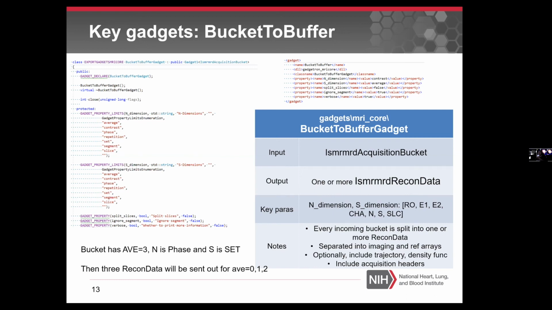So why did we choose 2 extra dimensions, n and s? In the first version of this design, we actually had 3 dimensions. This is a bit arbitrary. How many dimensions can you have? MRD can have 10 dimensions. If we had all 10 dimensions here, then it wouldn't do anything for us.